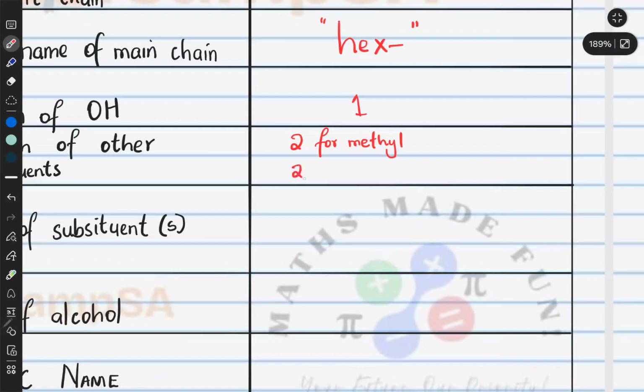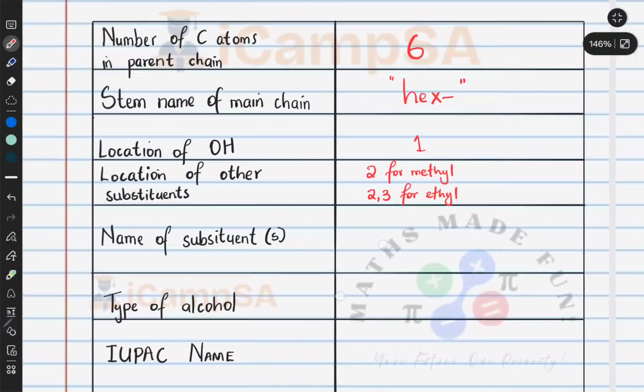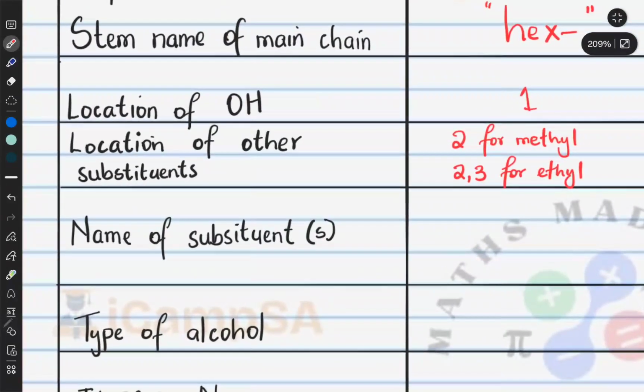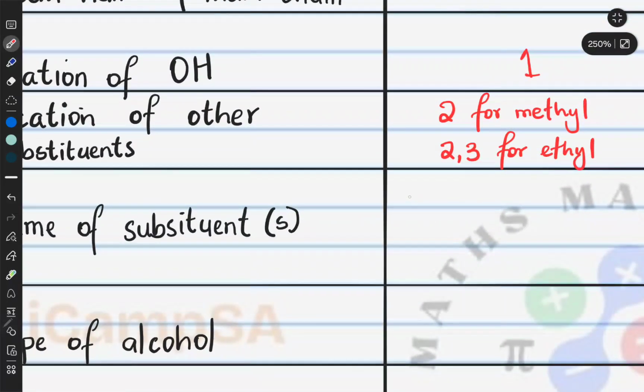So we can say 2, 3, 4, the ethyl. All right, and then the names of the substituents: we have methyl, we have ethyl, and we also have the hydroxyl group.